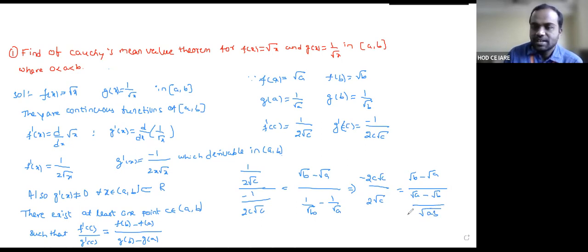So minus, we have to take the common and simplify, and you can get 2c root c is equal to root ab, root of ab.